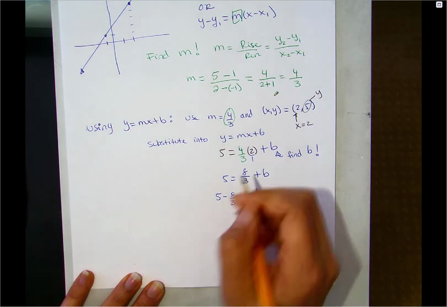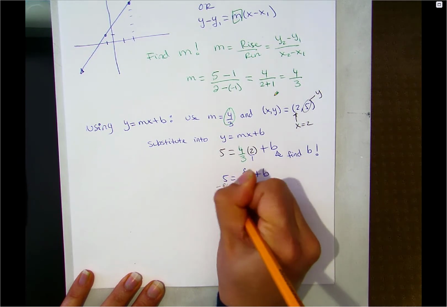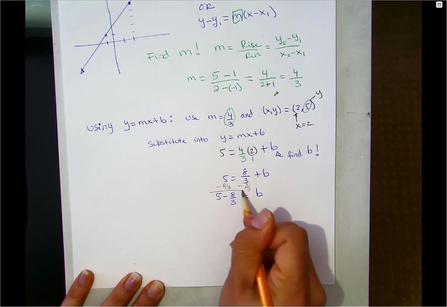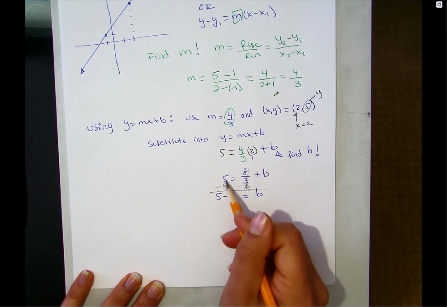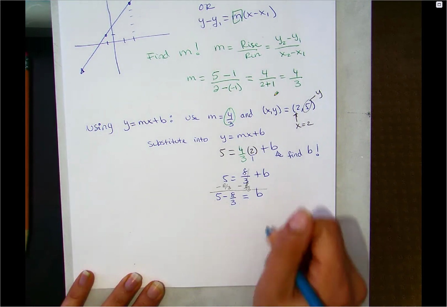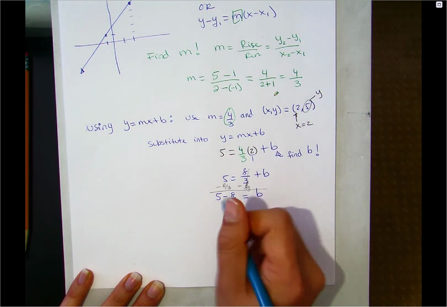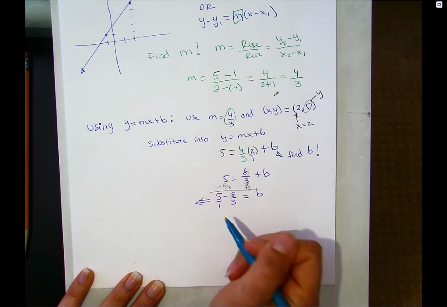Alright, some of you may want to see this done. Subtract 8/3 from both sides. Here it cancels, and here you have 5 minus 8/3. So that's what b equals. So let's put a 1 in there, and let's find a common denominator.